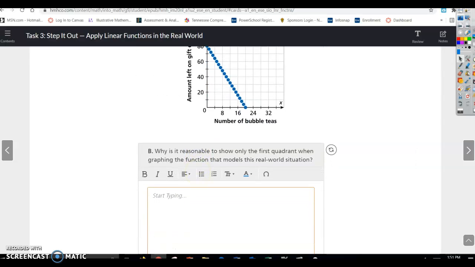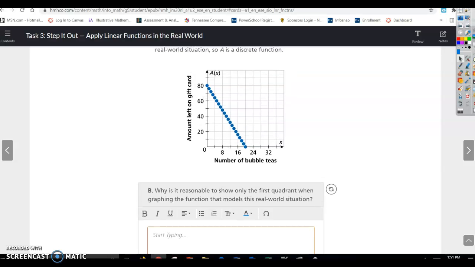All right, it says, why is it reasonable to show only the first quadrant when graphing the function which models the real-world situation? Well, it doesn't make sense to have negative money on a gift card. Like, once your gift card runs out of money, you just throw it away. There's no negative numbers on there. It's not a credit card, it's just a gift card.